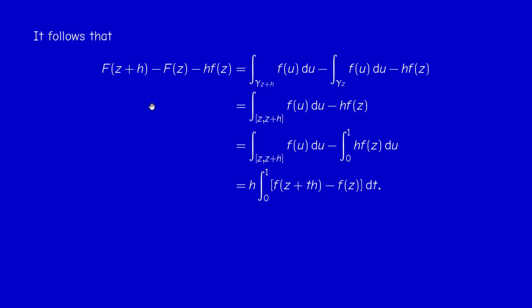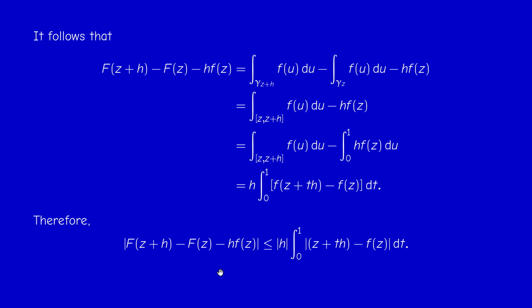So I take the modulus. When I take the modulus of this, I get the modulus of h times the modulus of the integral, but the modulus of the integral is less than the integral of the modulus. Sorry, this is f here. It's an error. It's f of z plus th, right? And this is something that you proved in principle in second year. Okay, so the modulus of the integral is less than the integral of the modulus, which, by the way, is not totally straightforward.